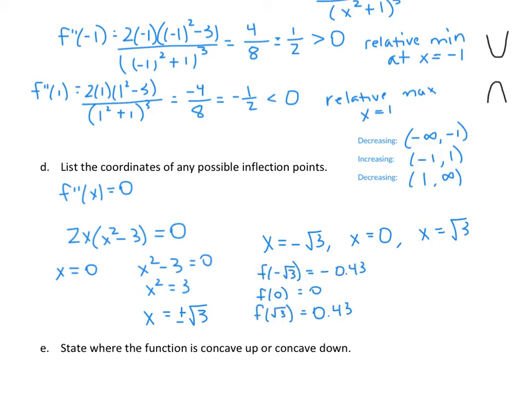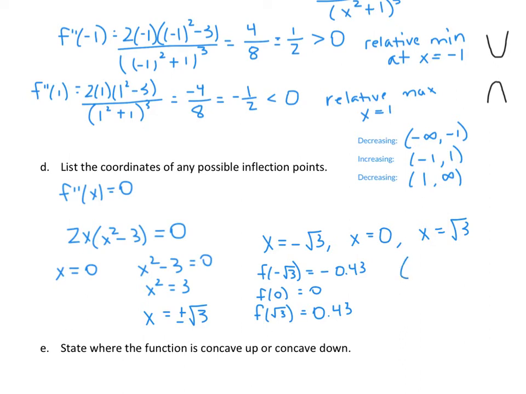Now since we are asked to list the coordinates of the possible inflection points, we should plug these x values into our original function, f of x, and get the corresponding function values. That will also help us when we go to graph it, because we will have additional points on the graph. If I plug negative square root of 3 into the original function, we get negative 0.43.